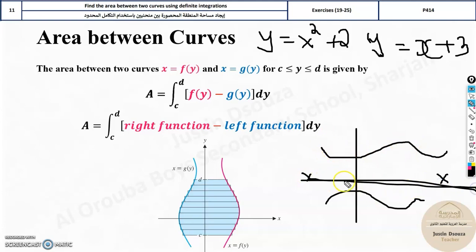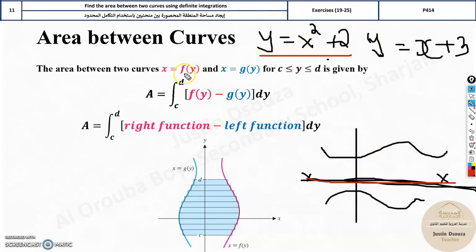Then we will have to keep the functions with respect to x, that is f of x or g of x. This is the best example, because the function on the right side, y alone, is the function, x squared plus 2. If the x-axis is coming in between, you must always have your equations like this.